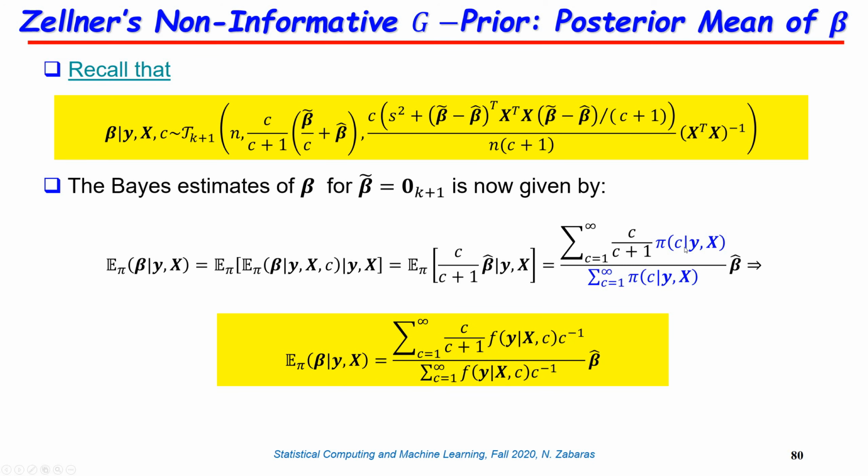And you remember the posterior of C, as I indicated before, is the marginal likelihood, which we know, times the prior, which is 1 over C, and the normalization factor looks like that. The idea here is that we can actually perform both of those summations without any difficulties. So this is the Bayes estimate for beta. We have integrated C out quite easily.